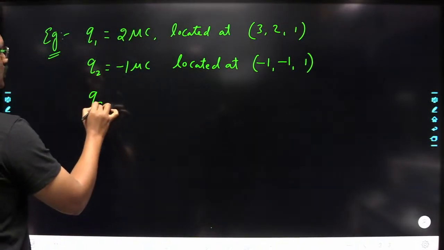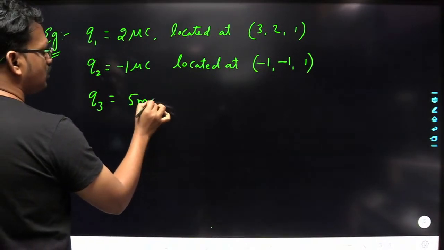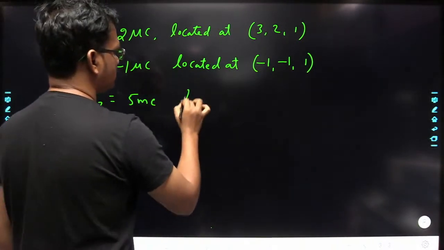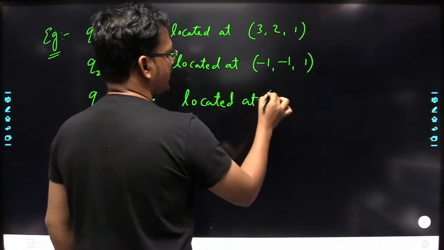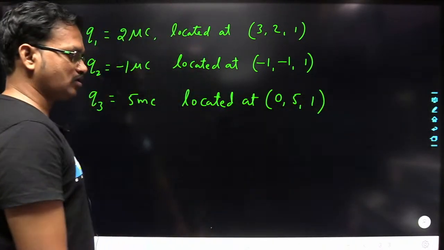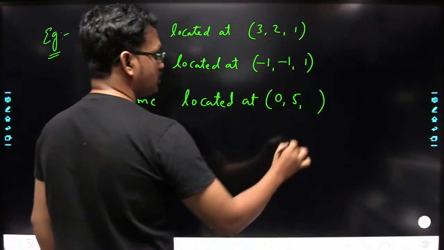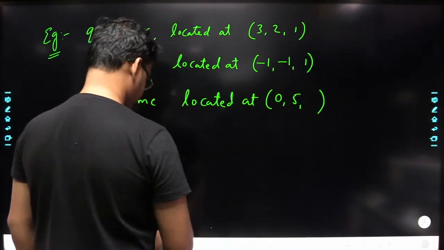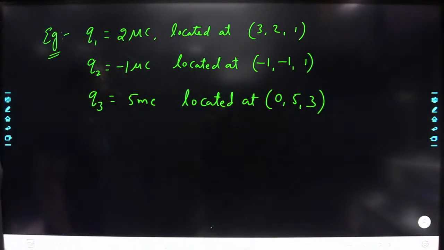Next, Q3 is equal to 5 millicoulomb located at 0, 5, 3.